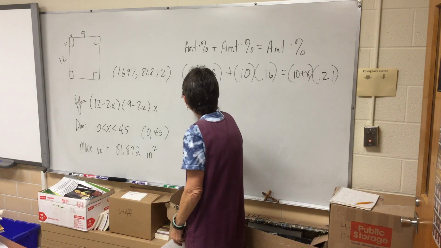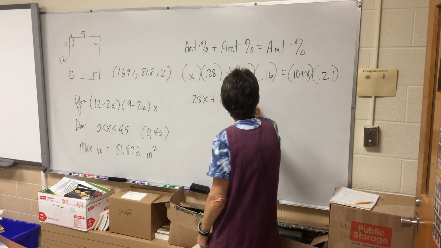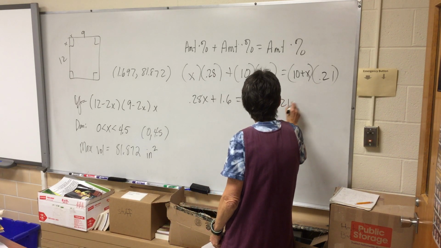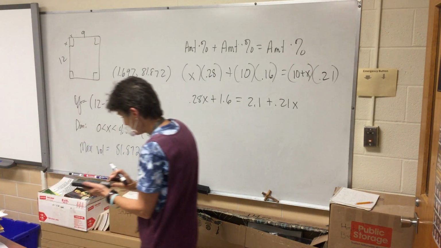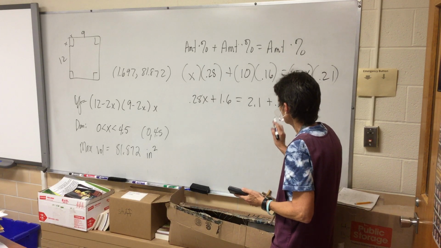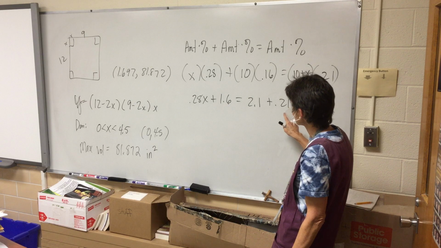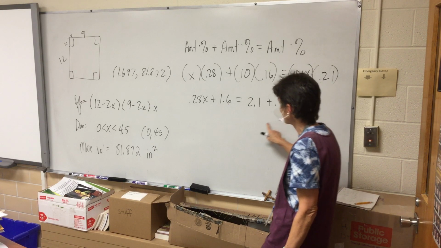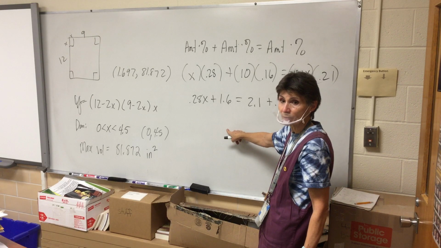So here we go, 0.28x plus 1.6. Feel free to use a calculator. Do be careful with these decimal points when you start subtracting and stuff. A mistake that's made here sometimes is when we subtract 0.21, we don't get 0.7, do we? We get 0.07.